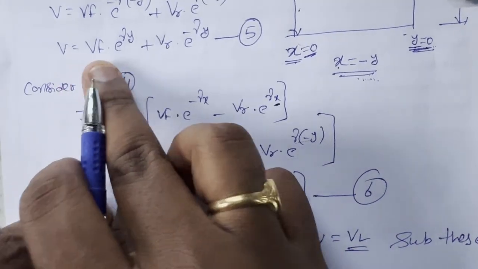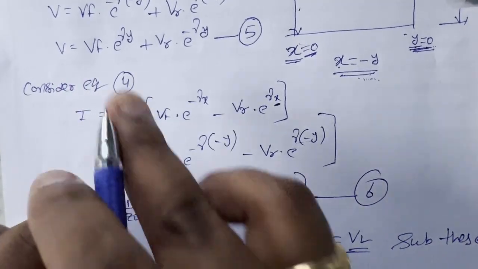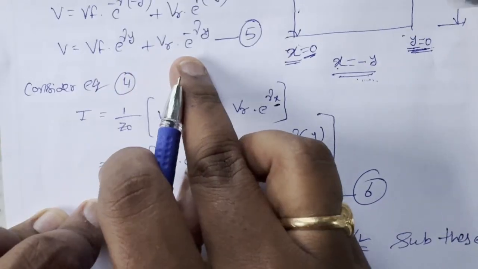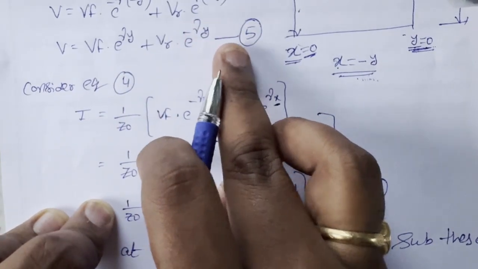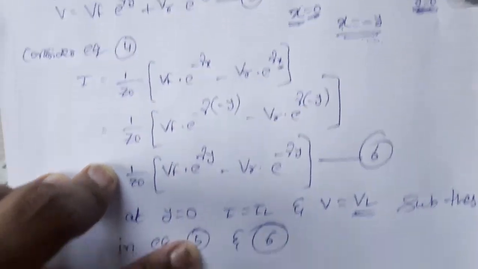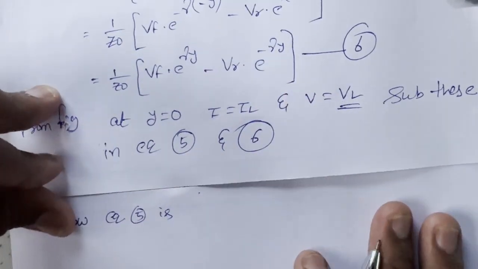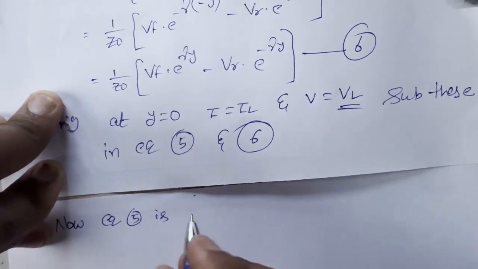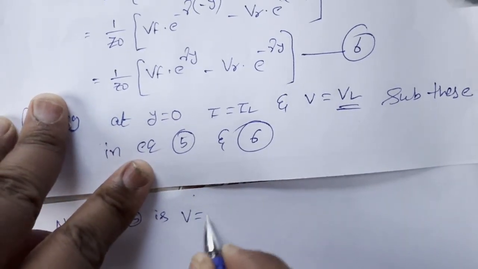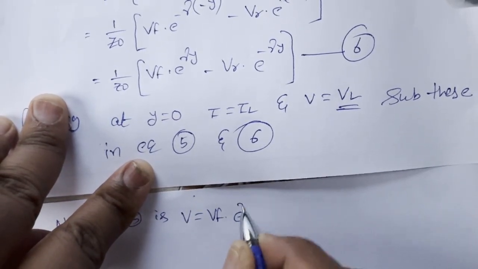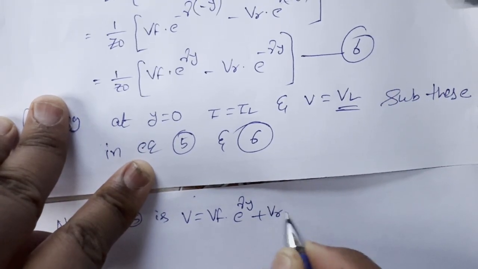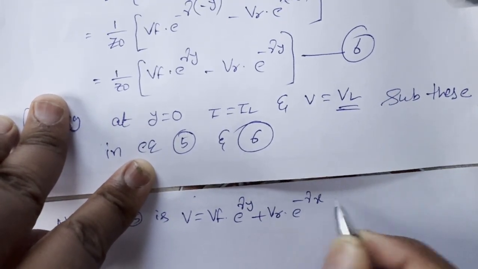V equal to Vf into e power gamma y plus Vr into e power minus gamma y. That is what I am taking now.